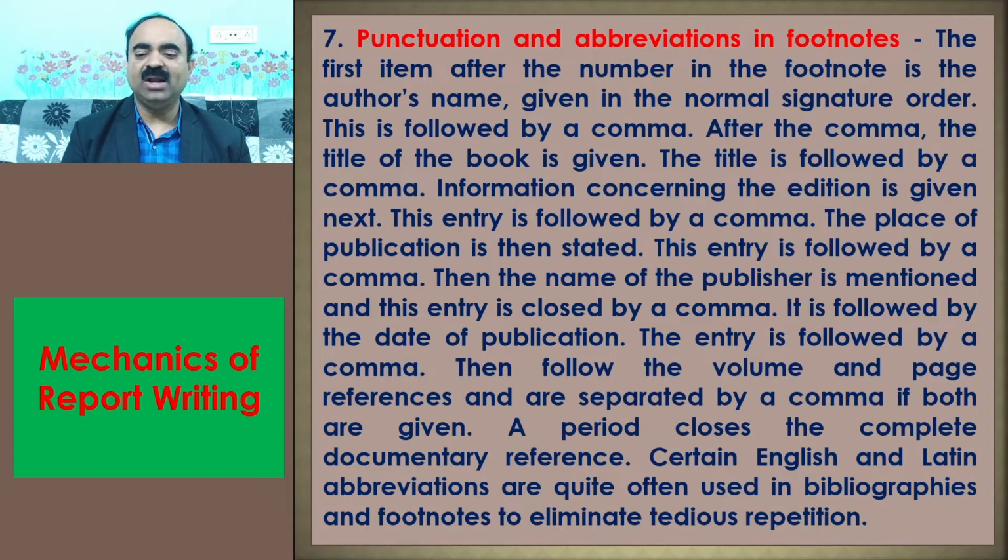Then follow the volume and page references and are separated by a comma if both are given. A period closes the complete documentary reference. Certain English and Latin abbreviations are quite often used in bibliographies and footnotes to eliminate tedious repetition.